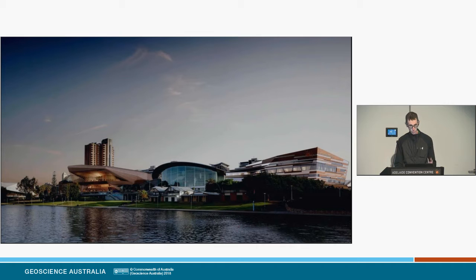Those enabled Australia's gravity to be tied into the global IGSN 71 gravity datum. This was expanded then by Australia to more locations across the continent, approximately 250 of them, that form the Australian Fundamental Gravity Network, or AFGN.